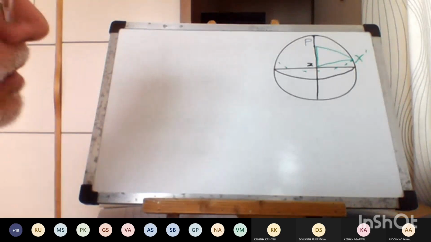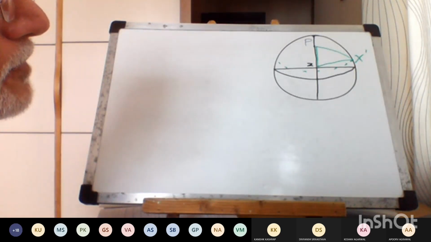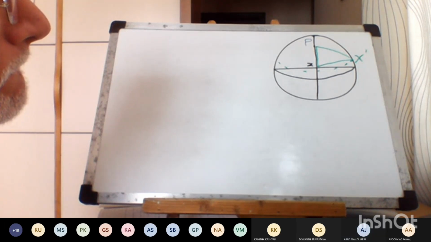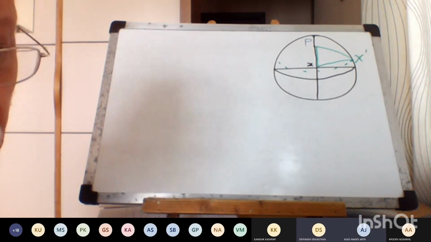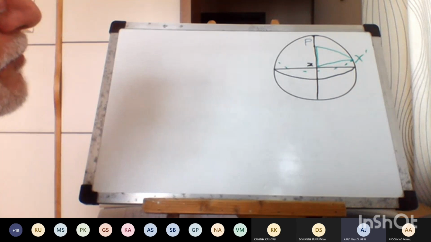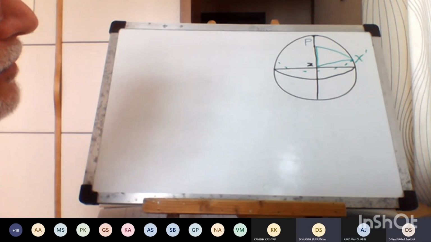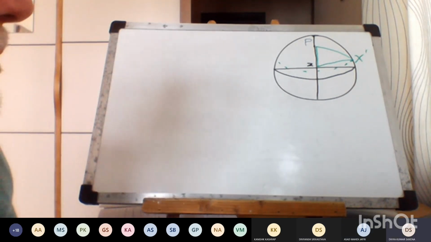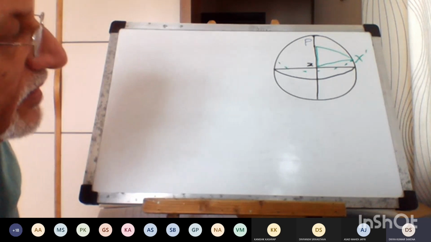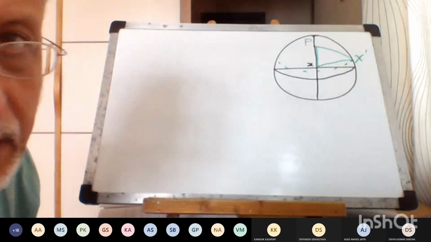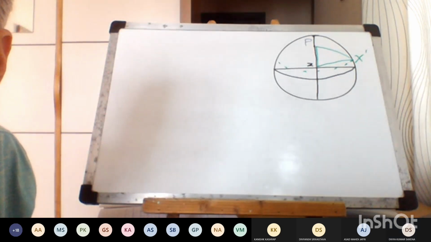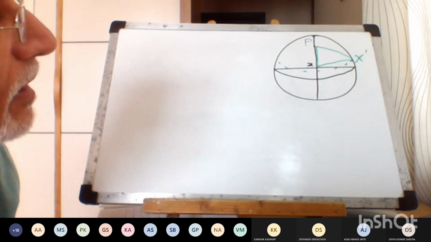In this case, what is 90 degrees? Triangle PZX. Look again. Somebody said PX dash. Z is 90. The green one, consider that a spherical triangle, PZX.